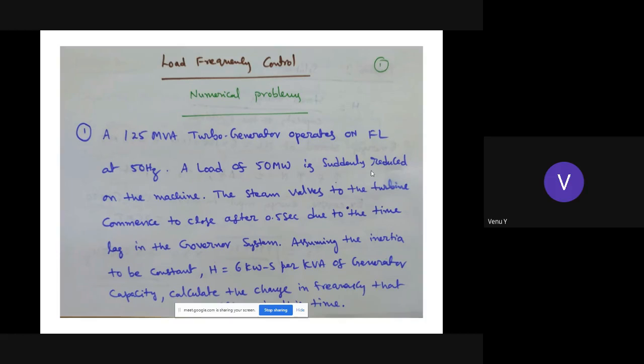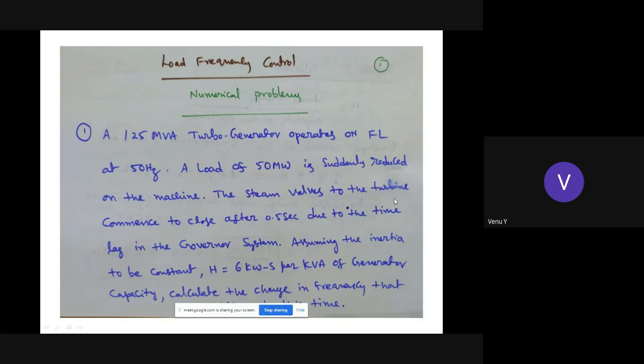What happens? 50 megawatts is suddenly reduced. If you consider a unity power factor load, 125 MVA means 125 megawatts. Now in the second case, 125 minus 50, 75 megawatts.